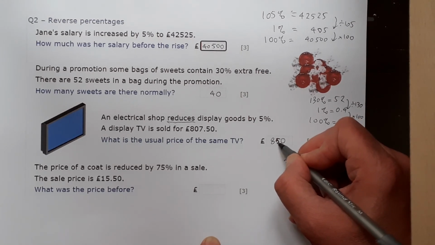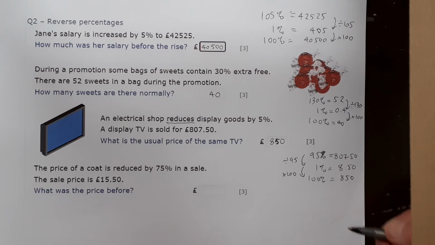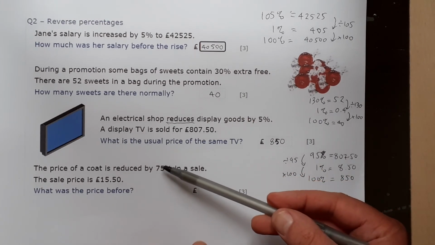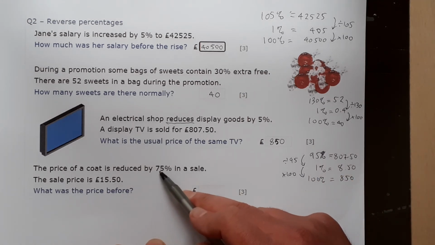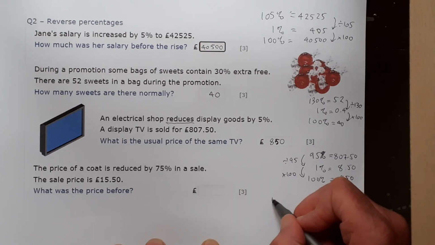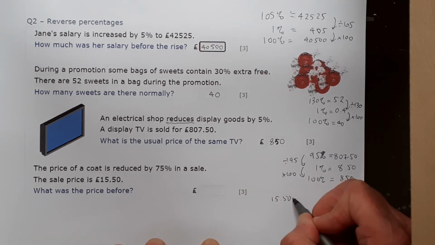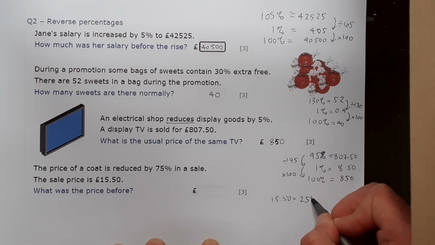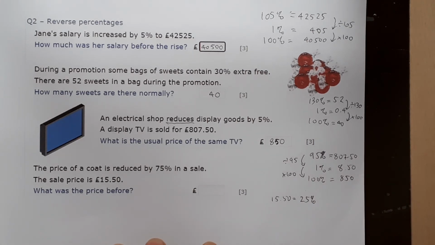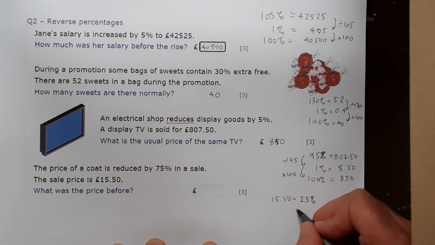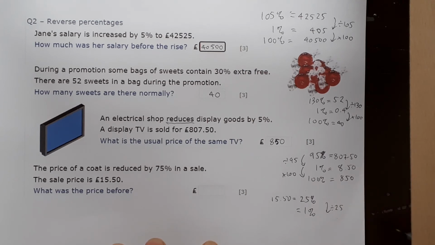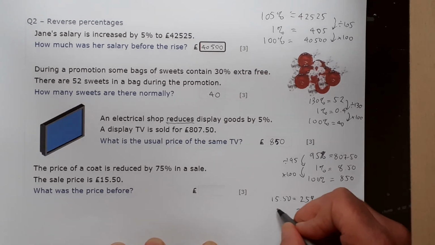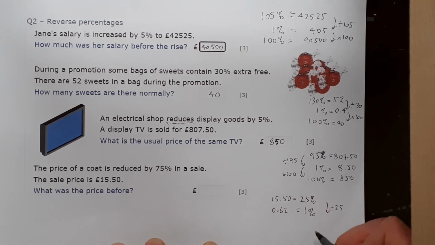Okay, just make my 5 a little bit more like a 5 and less like a squiggle. Right, a coat's reduced by 75% in a sale. It's going to be tempting here to think that 75% is £15.50, but it's reduced by 75%. So this £15.50 actually represents the 25% that it's sold for. If I find 1% by dividing by 25, that's 62 pence, or 0.62.